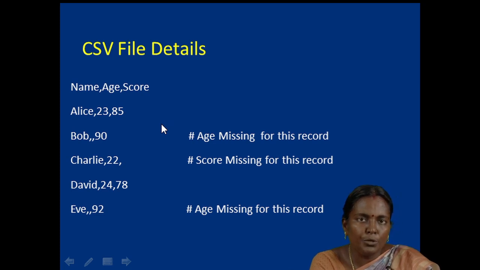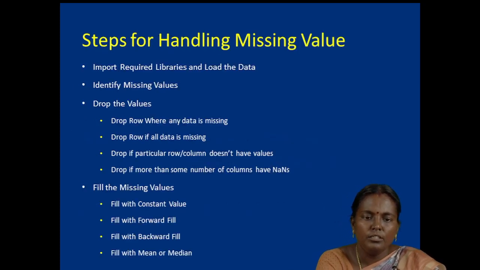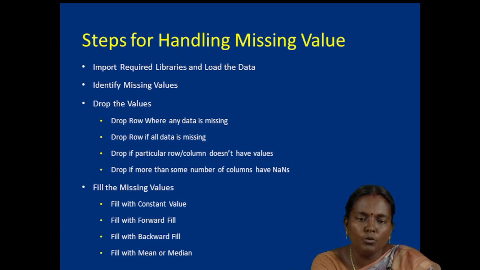Next I will show you some coding in Python to handle this CSV file and handle the missing data with the help of some methods. The steps to follow for handling missing data are: first and foremost, we have to bring the data into the Python environment.